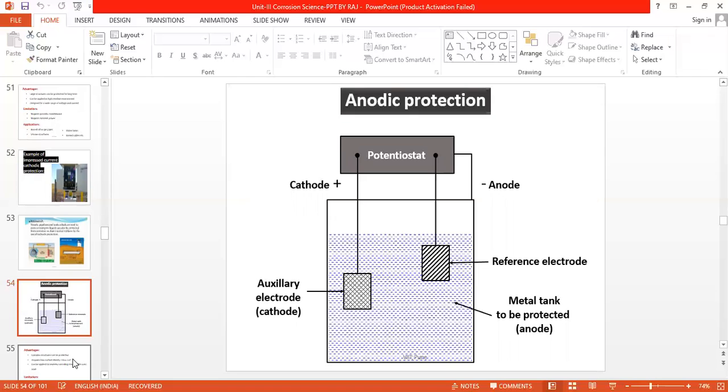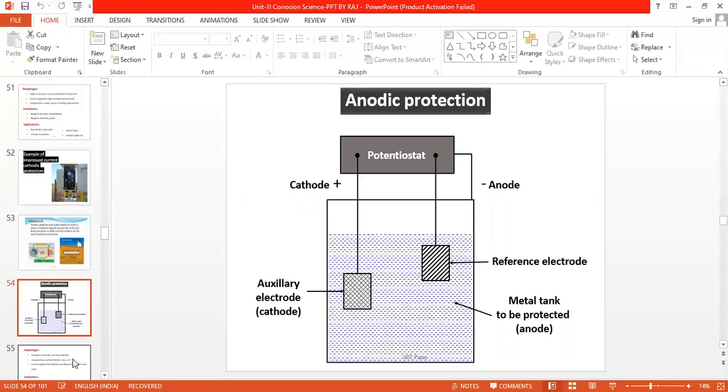In anodic protection, we make the anode more anodic by increasing the potential to lose the electron at a faster rate, and simultaneously we provide the electrolytic solution which is rich in oxygen.